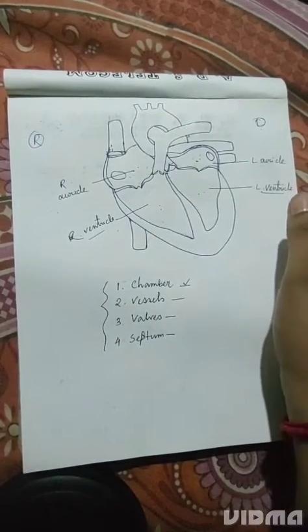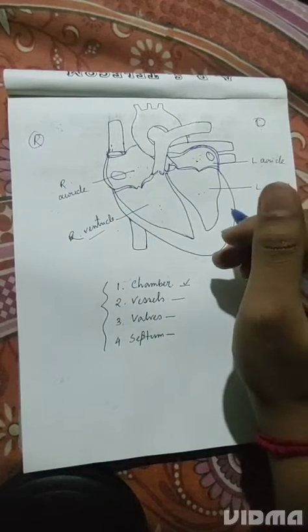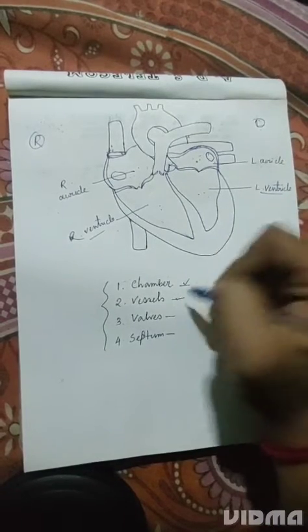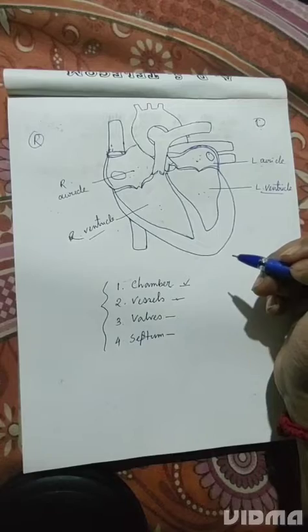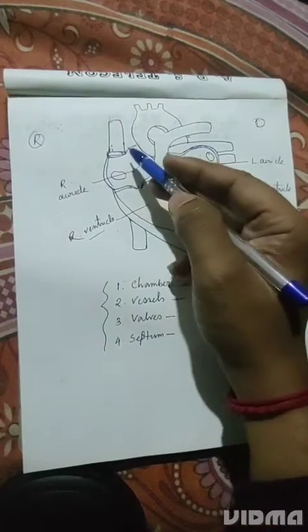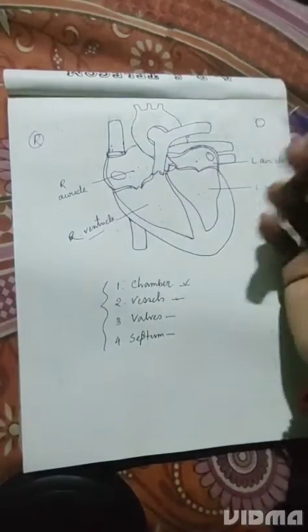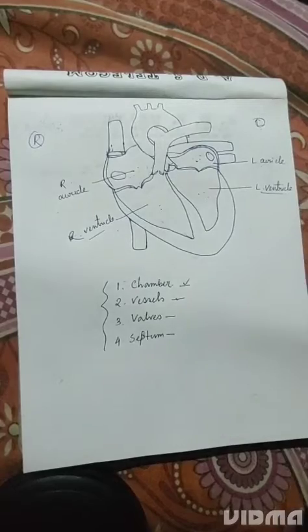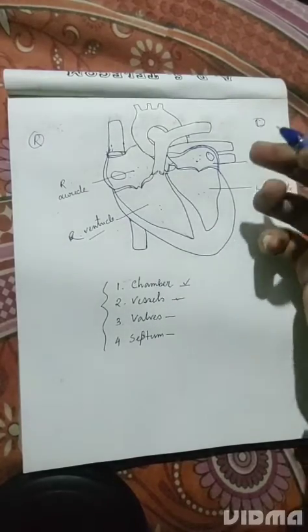All right. So number two, the blood vessels attached to it. We are following the normal blood flow process so you can understand better.